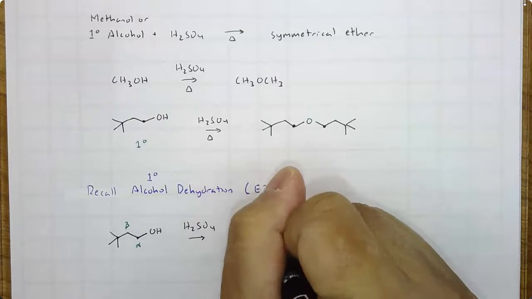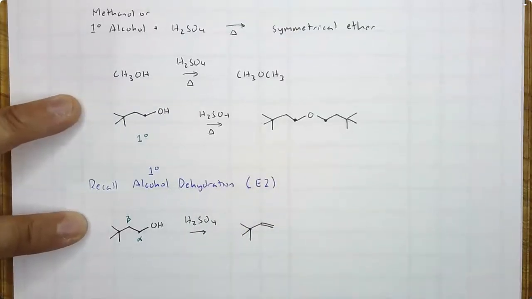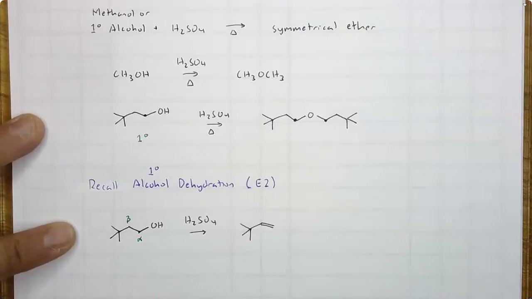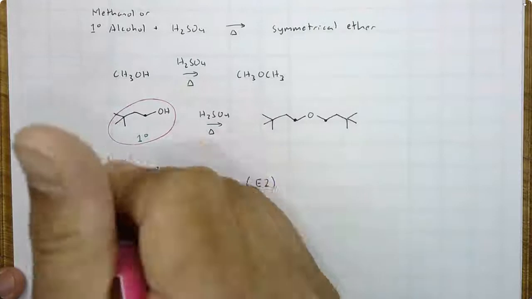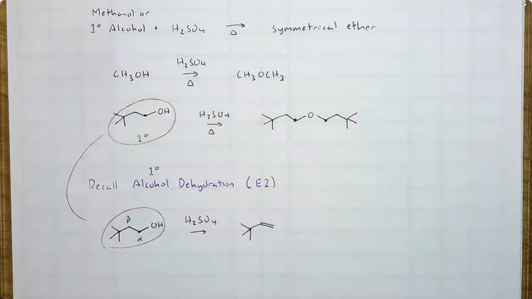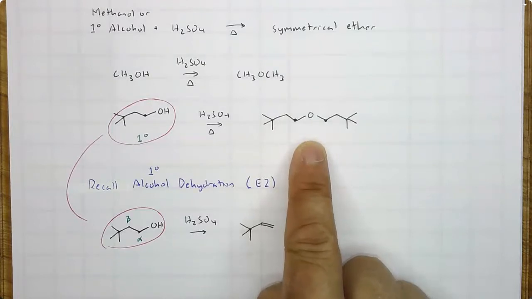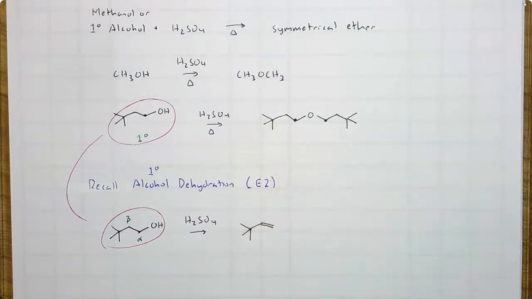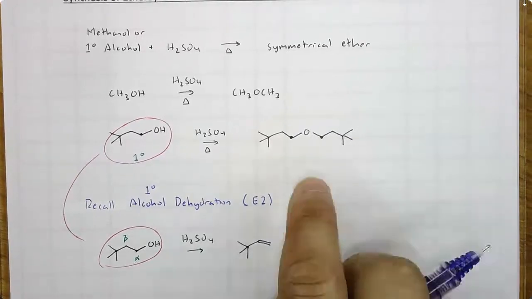The dilemma is, for these two reactions, we have the same starting material. Are we supposed to do this substitution to make a symmetrical ether, or are we supposed to do an elimination?